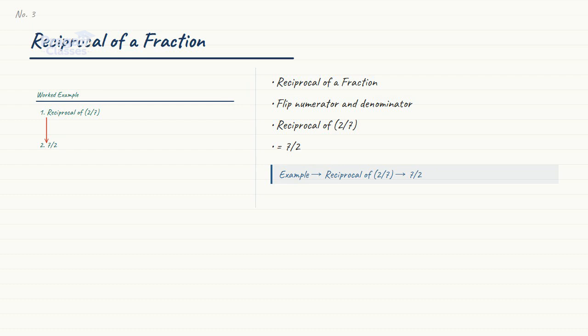Take 2/7, its reciprocal is 7/2. Why? Because 2/7 times 7/2 gives 14/14, which is 1. That's the check. So whenever you see a fraction and you need its reciprocal, just swap the numerator and denominator. This little flip is going to be super handy when we start dealing with powers of fractions.